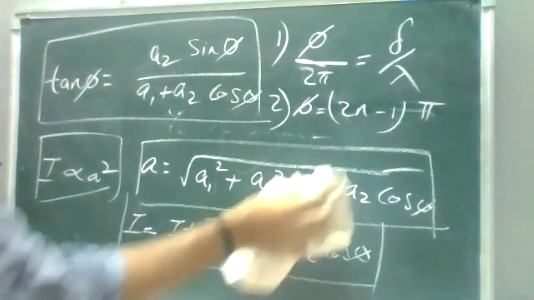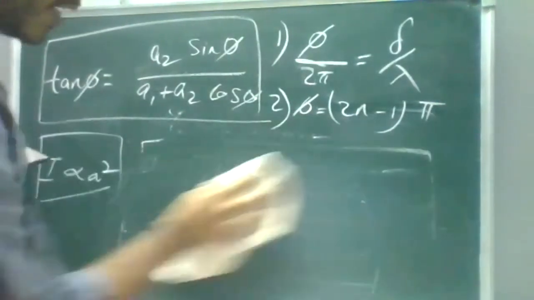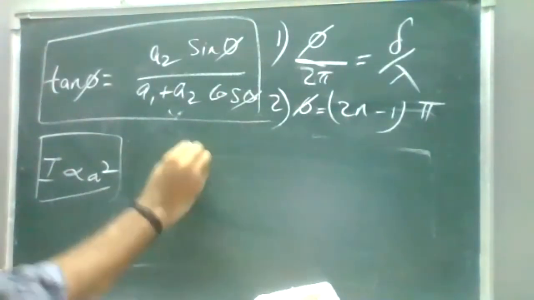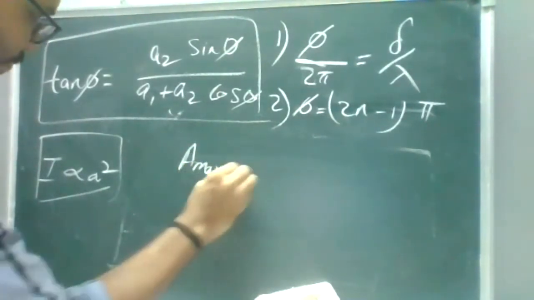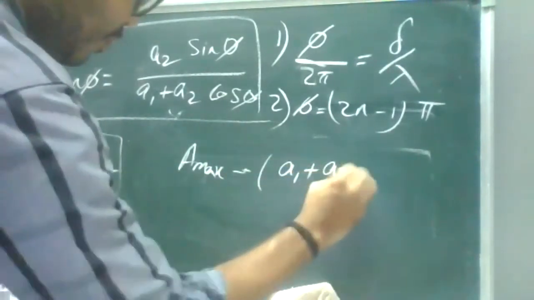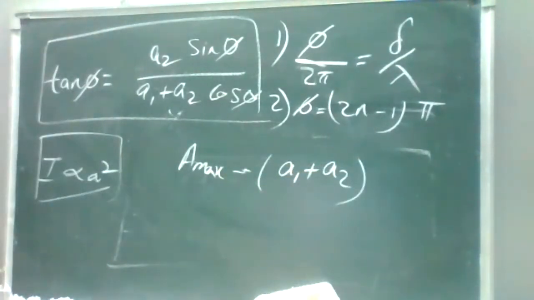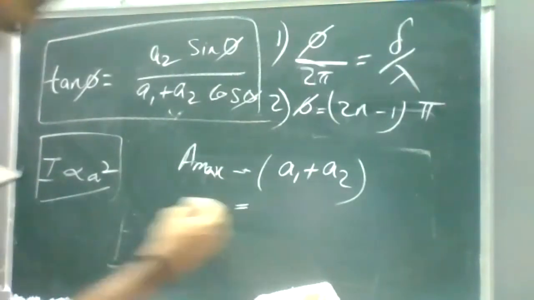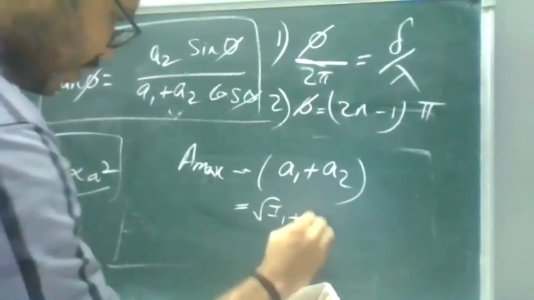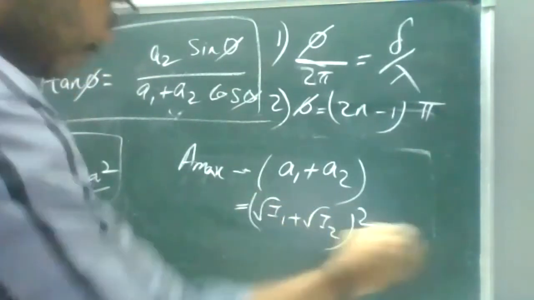And when we are discussing the amplitudes from the maximum point to the minimum point, the amplitude maximum condition is A max is equal to A1 plus A2. And for the intensities, it is root I1 plus root I2 whole square.